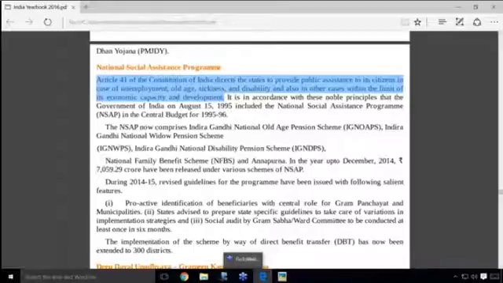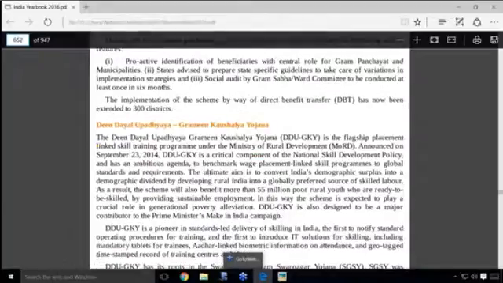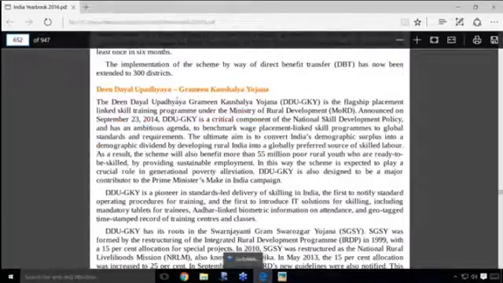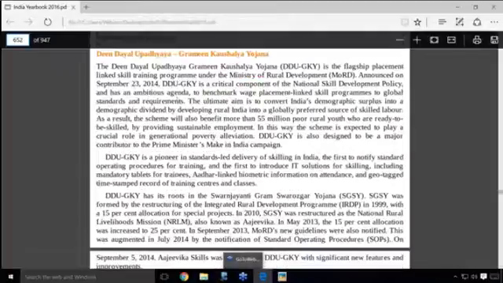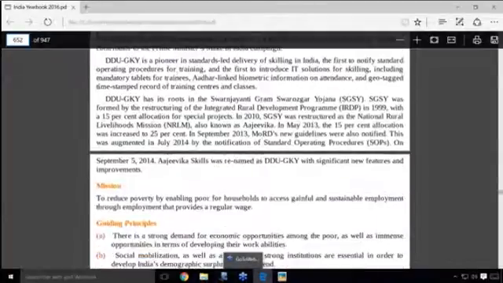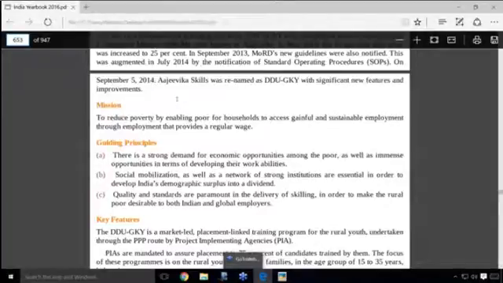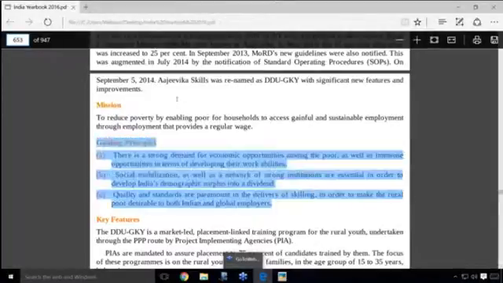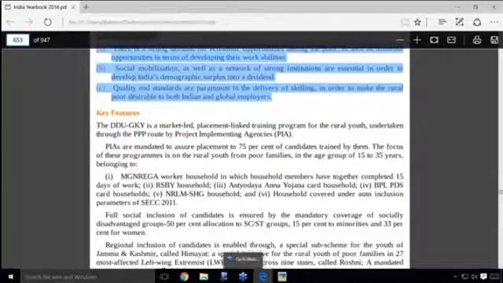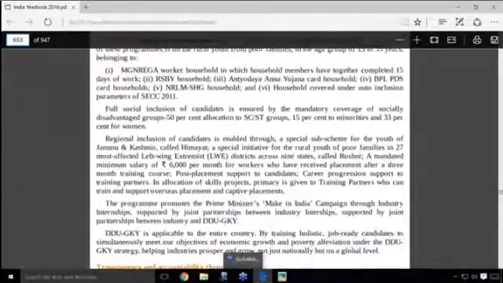Right, then see Deen Dayal Upadhyaya Grameen Kaushalya Yojana. This is for mains when you're talking about skill development. But for me, what is important is the guiding principles. When you are writing about it, please read it once, not important for prelims. But there are two important schemes associated with it. One is Himayat.